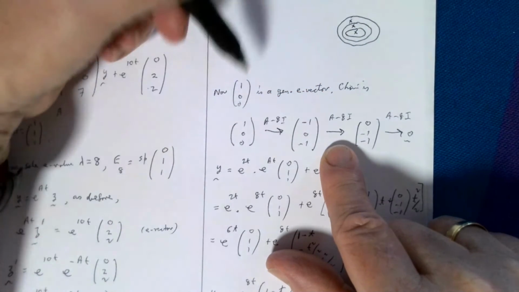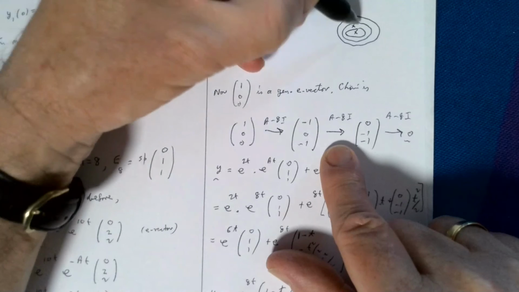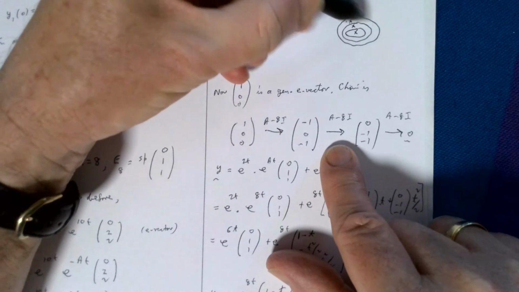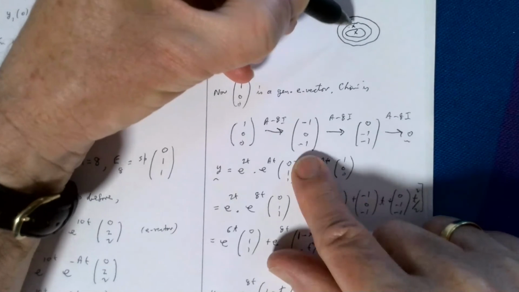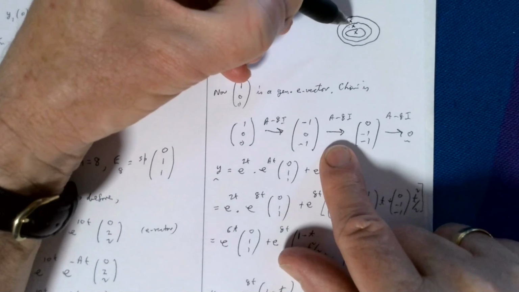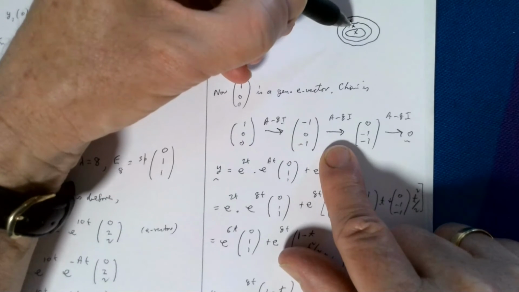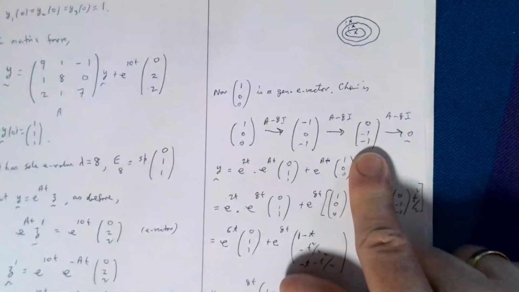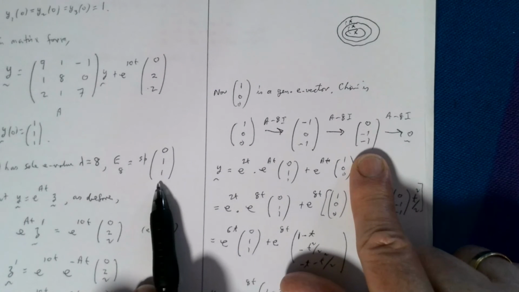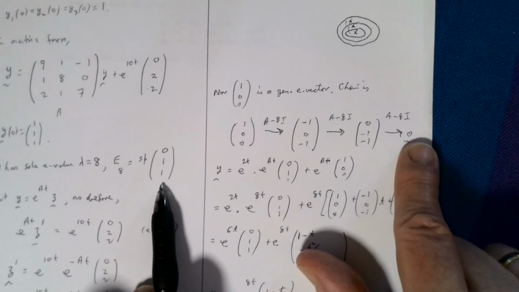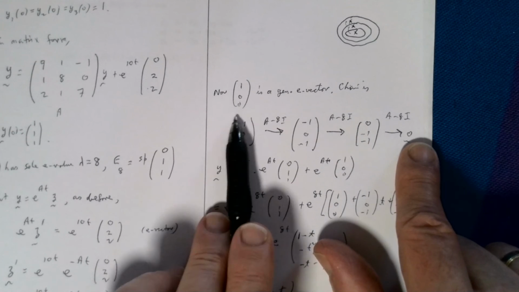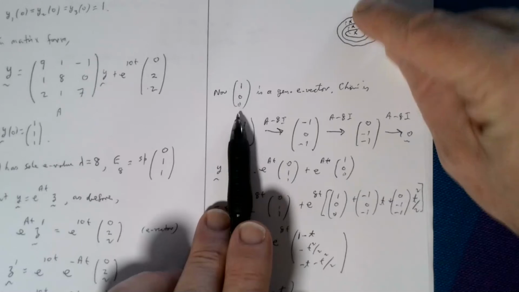So this vector 1, 0, 0 is in fact in the outermost kernel, and we've chained into here, and we multiply by A minus 8I again, and we land on this vector, and that clearly is in the eigenspace. It's just a multiple of this one, and we'll go to 0. So that in fact tells me that this vector was in the outermost kernel.